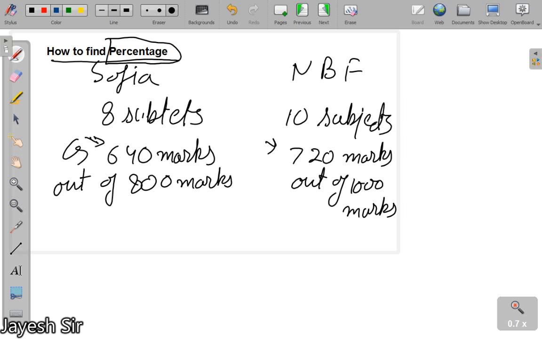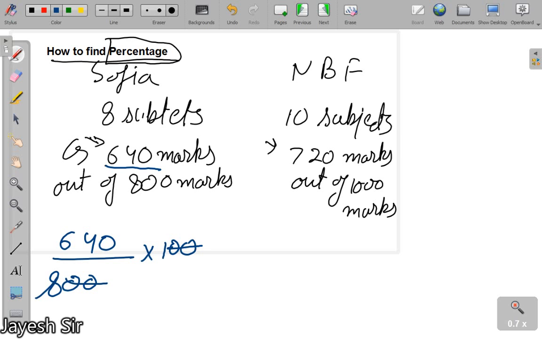In the same manner, what we do is we find out the percentage. How do we find out the percentage? We divide the marks obtained by total marks, into 100. So 8 8s are 64, that will be 80%.